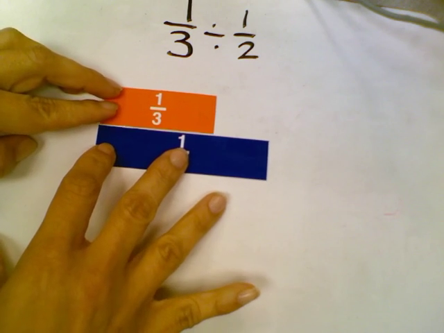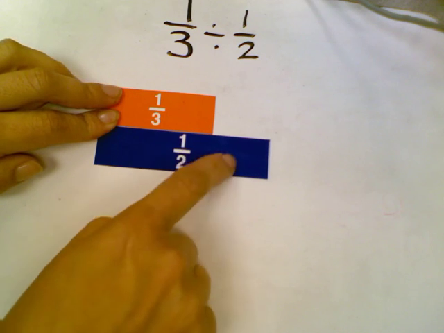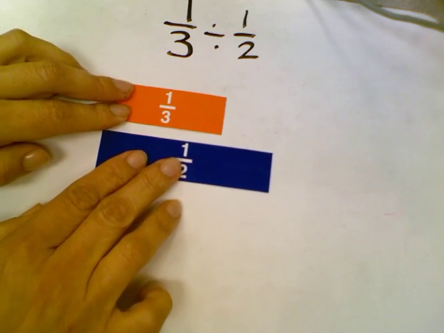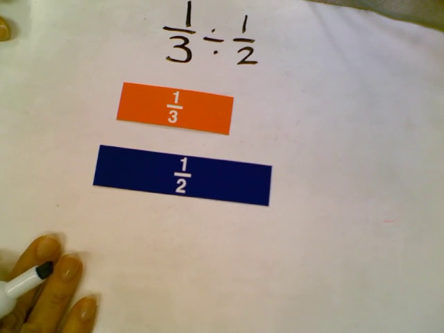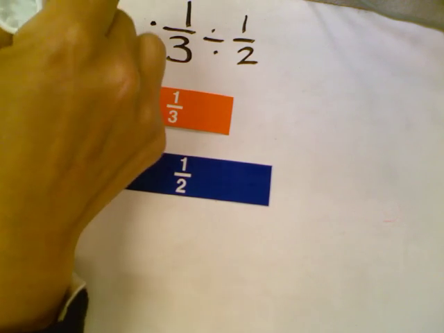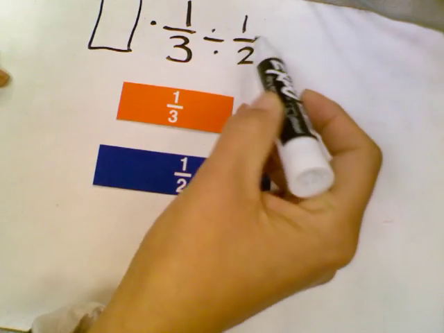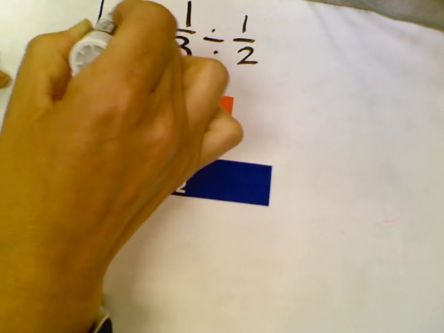There was a problem though. We can't say that only a third of the half fits into it. So we had to actually do a couple of things, and this is when common denominators come into play. So we would change these fractions to have common denominators, and we could find the giant one that we would multiply the third by looking at the denominator of the second fraction and multiplying with it.